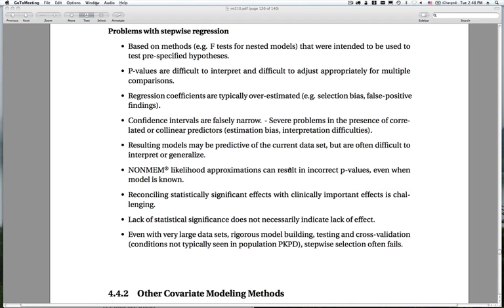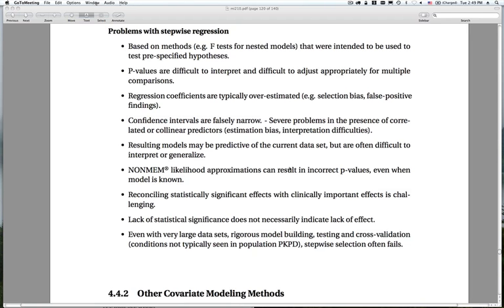They can be useful ways to build predictive models when we have testing data sets and really when we're doing data mining, but when we want to make statements about different effects, they're problematic. That's because they're based on methods that were intended to be used for pre-specified hypotheses. P-values then become difficult to interpret, and they're also difficult to adjust appropriately for the multiple comparisons.